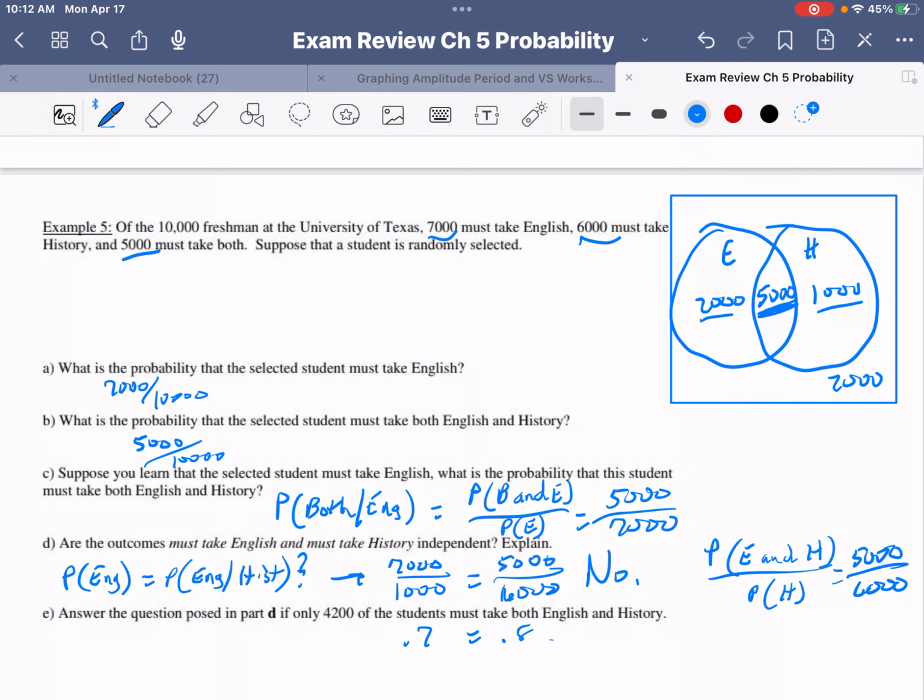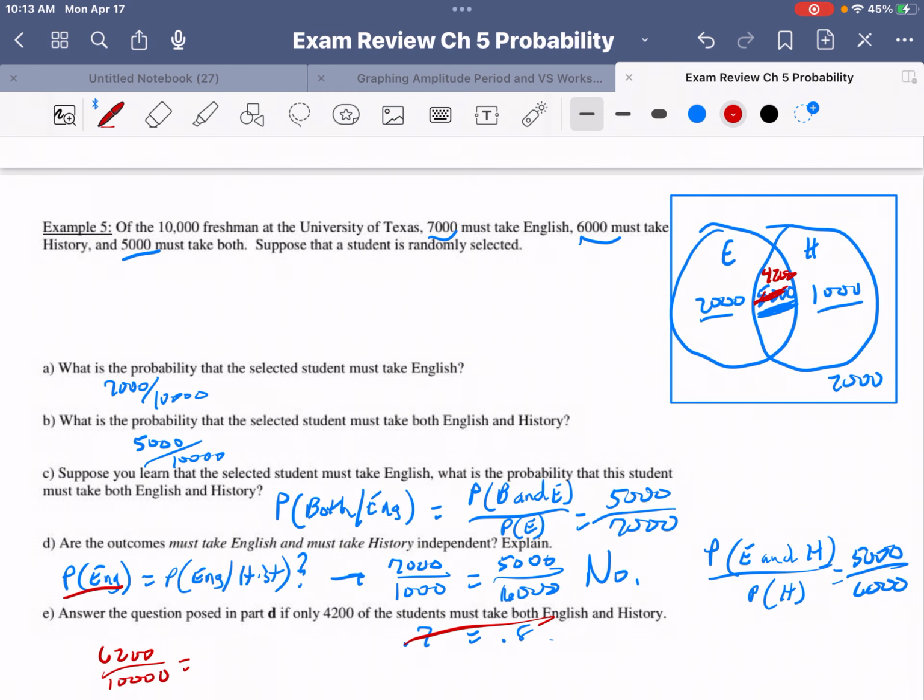Answer the question posed in part D if only 4,200 students must take both. So if this changes to 4,200, then now the probability of taking English is 6,200 out of 10,000.